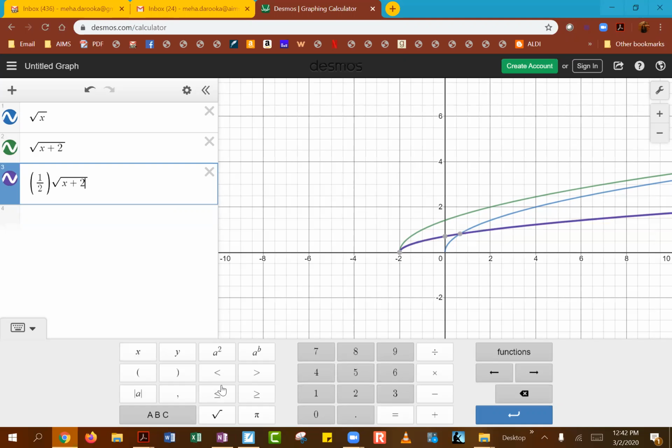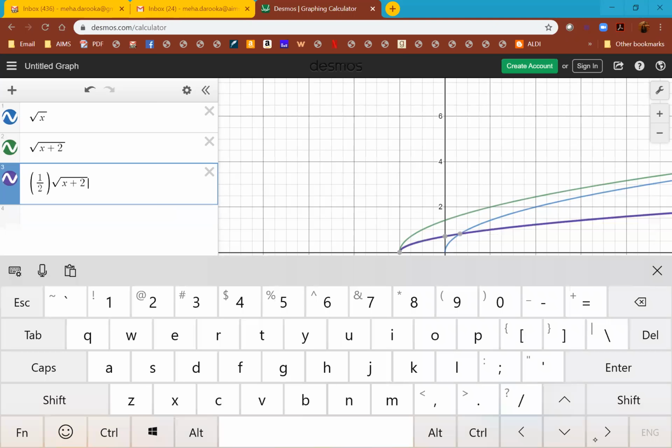So again, we started out with the blue as the base function, the green is moving it 2 units to the left, and then the purple is shrinking it by 1/2, and again, you can see that distance between the x-axis and the green gets cut in 1/2. Then we did a reflection.